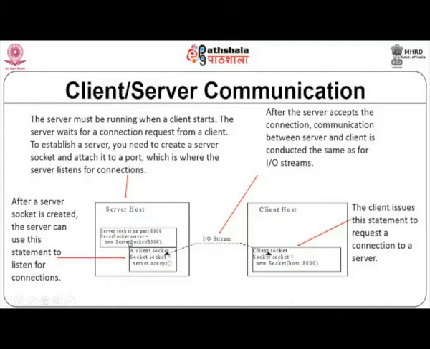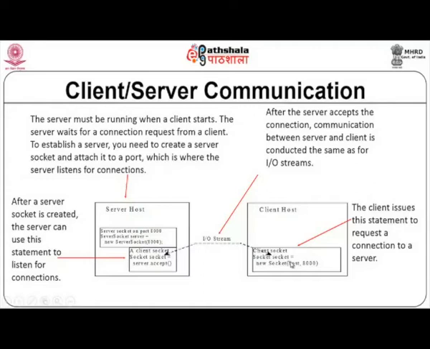Once the server is now waiting for the connection, the client initiates a socket creation. The client issues creation of the socket object by making a connection to the server host and the port number where the application is running in the server. So, it makes a connection request to the server. This would be the second step.